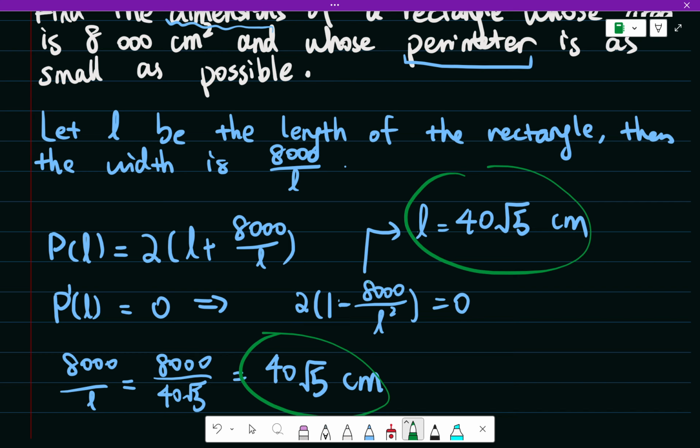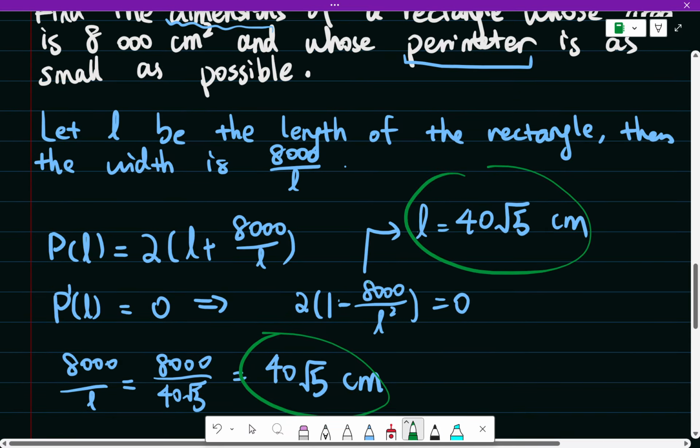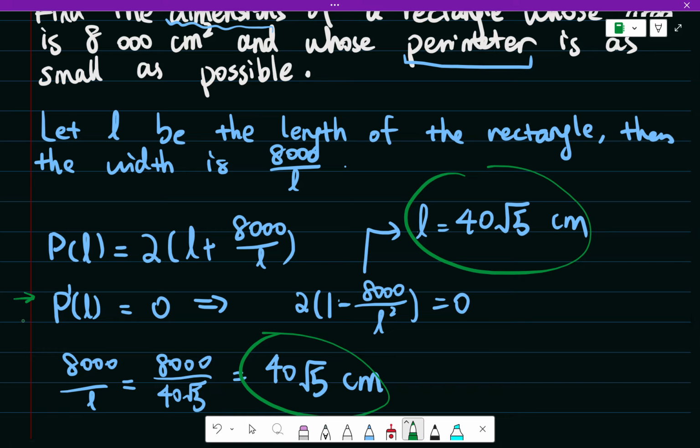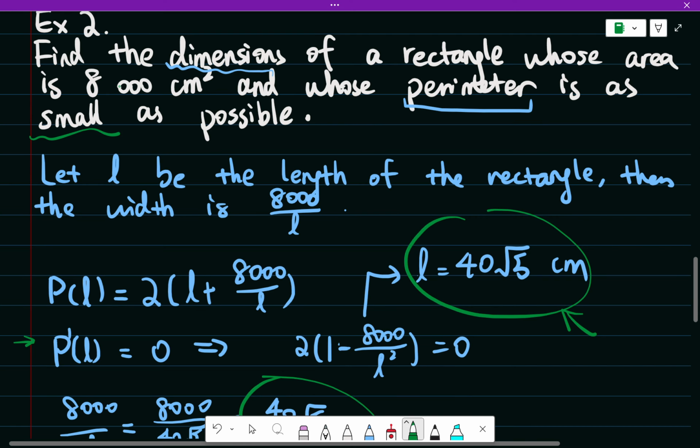This is how we can solve this optimization question, and the general strategy still follows through. When we set the derivative equal to 0 here, we are finding the local extrema for this perimeter. And this is where the local minimum lies. This aligns perfectly with the stem of the question, where it asked explicitly for when the perimeter is as small as possible.